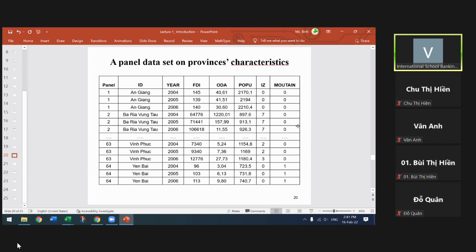Panel data is very popular in research because it permits us to know the change of the variable or the change of the observation over time.